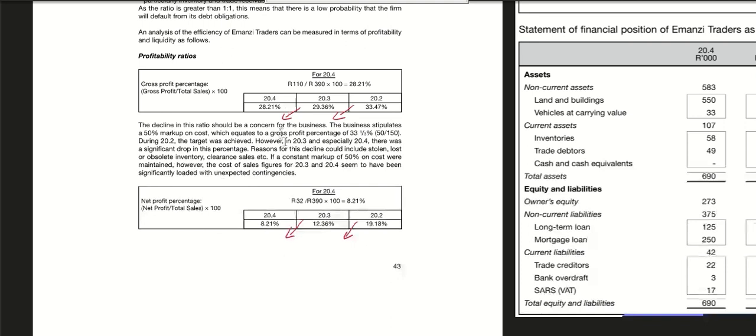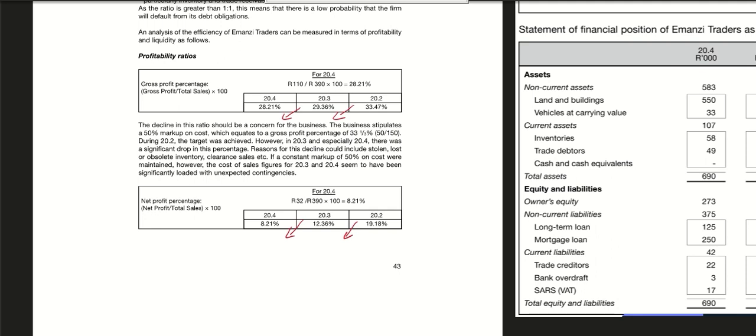If you look at the profitability ratios, for the gross profit we're looking again at that trend, 2022, 2023, 2024. I've shown downward arrows to say that it has been going down. So the gross profit percentage has been going down. And what does the gross profit tell us again? If you remember correctly, how efficient the company is at selling.